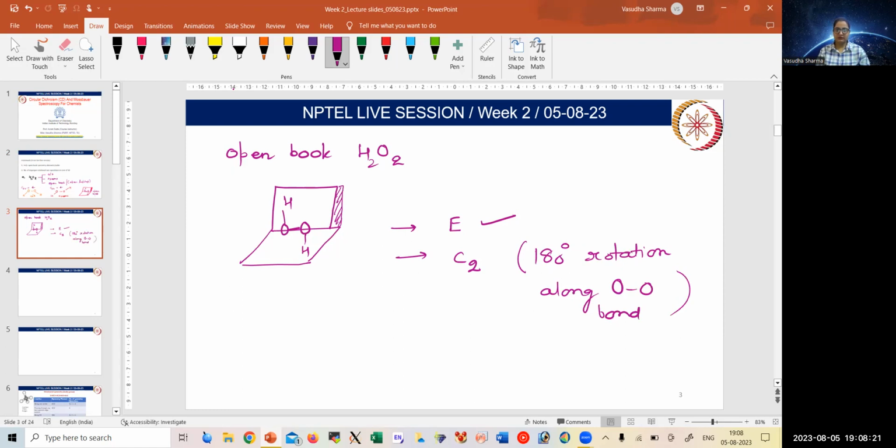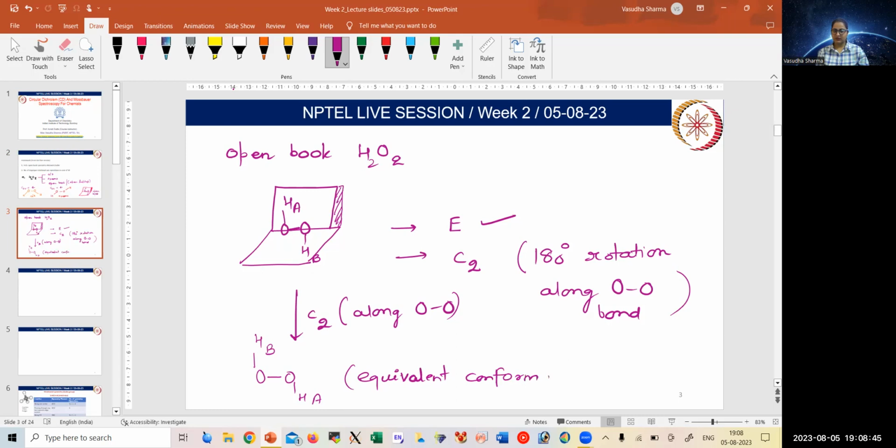If I mark one hydrogen as A and the other as B, C2 by 180 degrees along the oxygen bond gives you B above and A down, which is an equivalent conformation. Therefore, only this particular symmetry element is present, which is nothing but your proper axis of rotation.